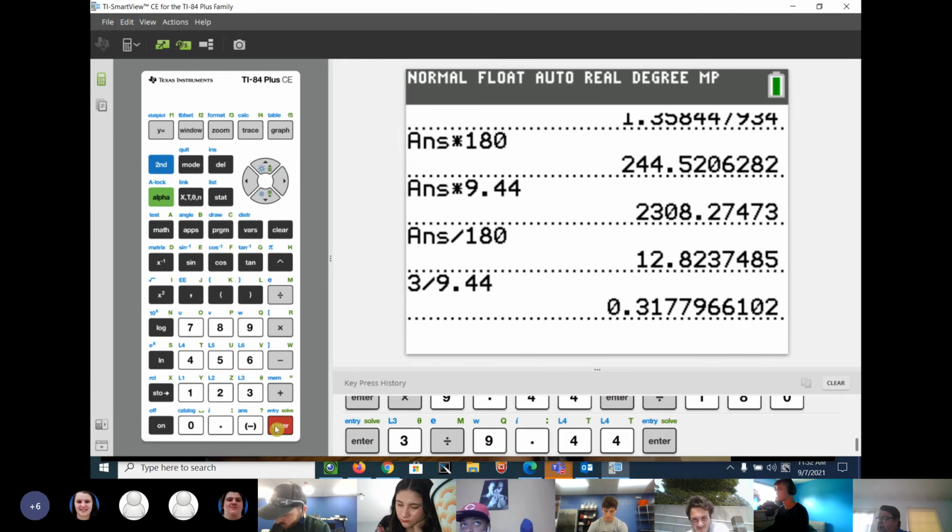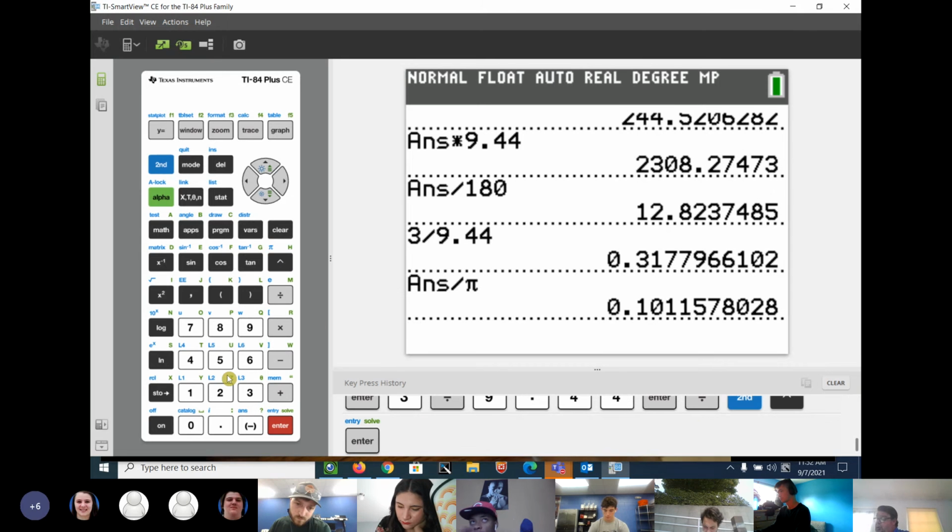Divide that by pi. And that's going to be 0.1011578028, and multiply that by 180.